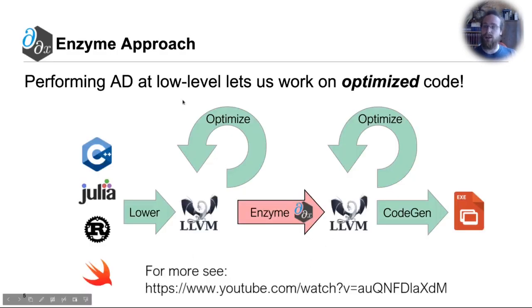So, as I already described a little bit, the Enzyme approach is really to operate over the optimized code. And there's a little bit of a caveat there. The question is what does the optimization do? Some optimizations are platform agnostic, and they make the code simpler and easier to understand and reason about.